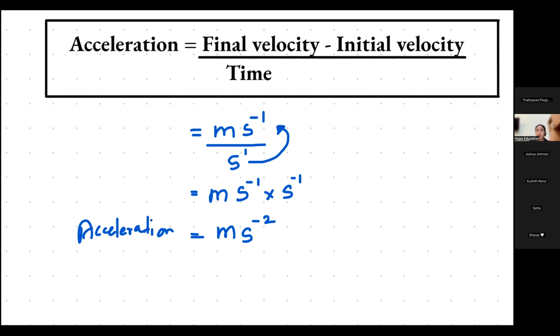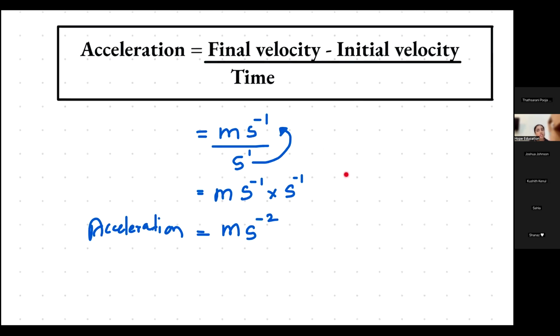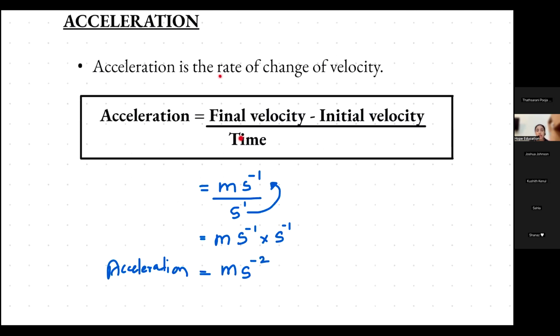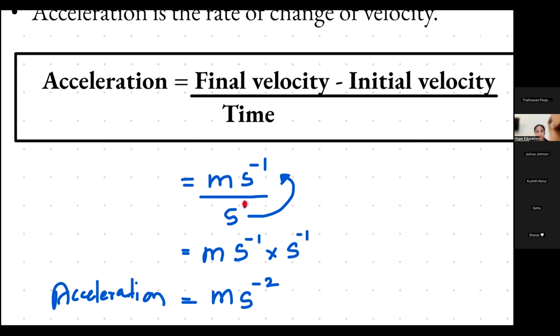I will explain it one more time. Listen very carefully. Acceleration is final velocity minus initial velocity divided by time. Final velocity or initial velocity, it's velocity, and the unit of velocity is ms minus 1. The unit of time is seconds, with power 1.